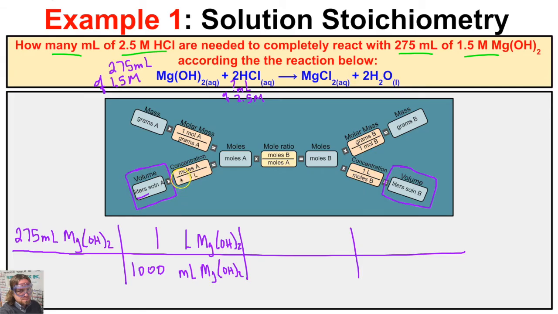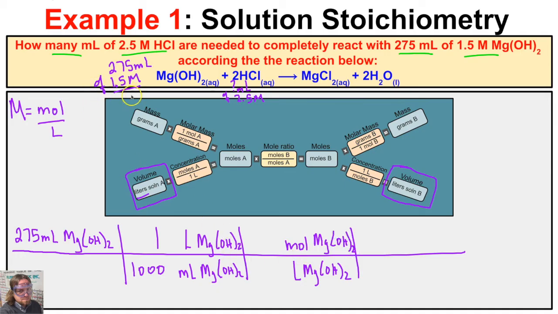Now we need to multiply by our concentration. The concentration is 1.5 molar, and this capital M stands for moles per liter. There's 1.5 moles of magnesium hydroxide dissolved in every 1 liter of this solution. We want to cancel out liters of magnesium hydroxide, so we put that at the bottom, and convert to moles of magnesium hydroxide, so we put that at the top.